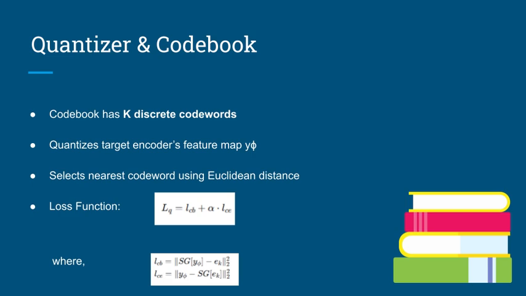Let's now take a deeper look at the core components that make CoBooM unique: the quantizer module and the DiversiFuse submodule. Starting with the quantizer, this module is responsible for discretizing the feature maps produced by the target encoder. So instead of just relying on continuous high dimensional embeddings from CNN, we introduce a codebook, essentially a learned dictionary of visual patterns.